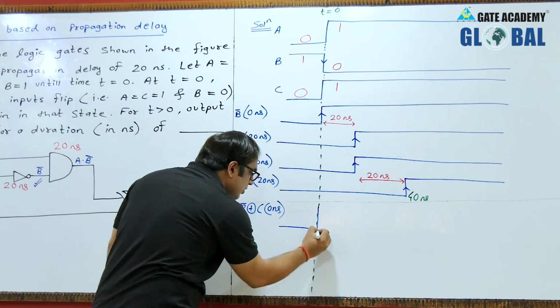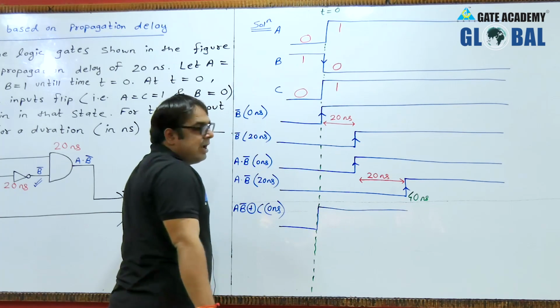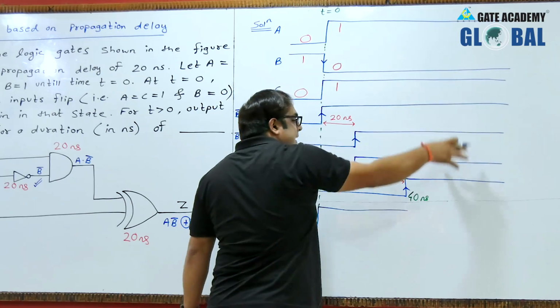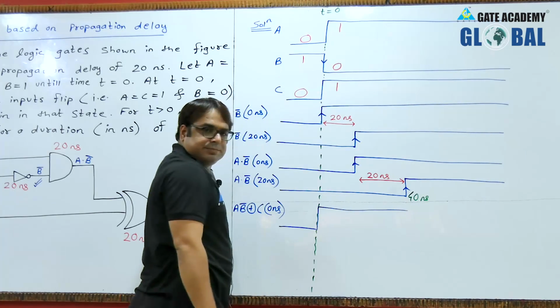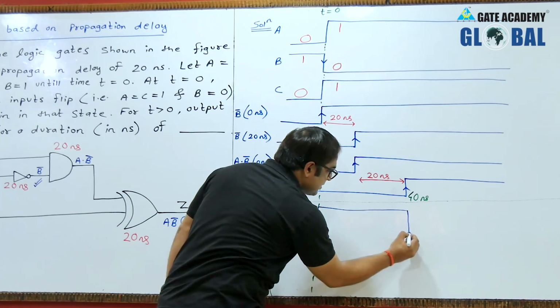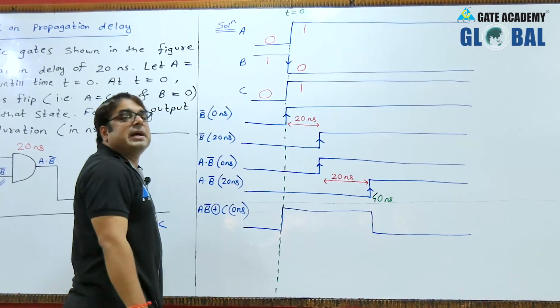So this is logic 1 from 0 to 40 nanosecond. And what is happening after 40 nanosecond? This is also logic 1 and this again is logic 1. Logic 1 and logic 1, this becomes 0.